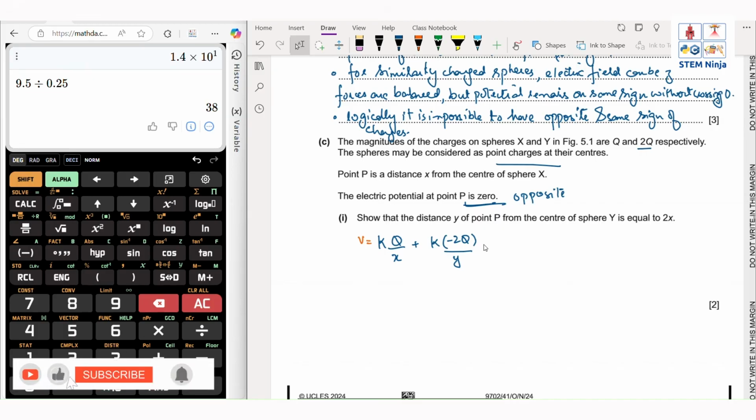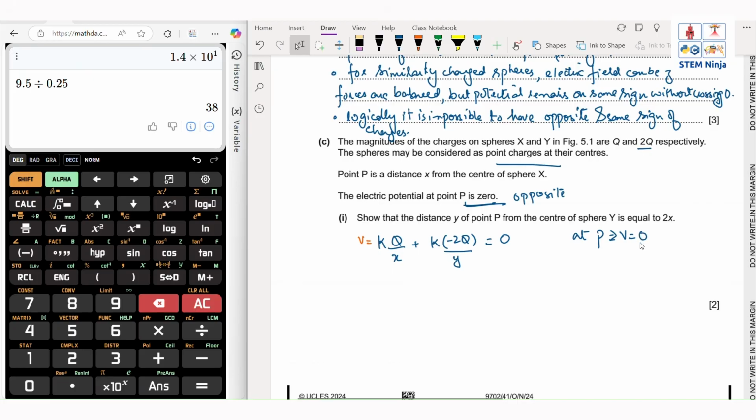So we are finding the point P where potential is zero. Now we just rearrange. kq over x equals k 2q over y. k and k get cancelled, Q and q also get cancelled.